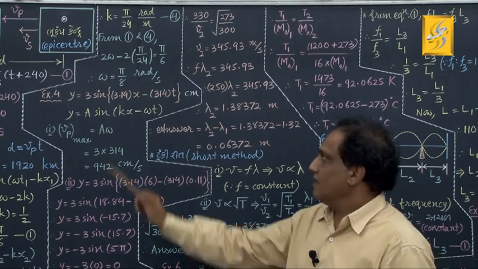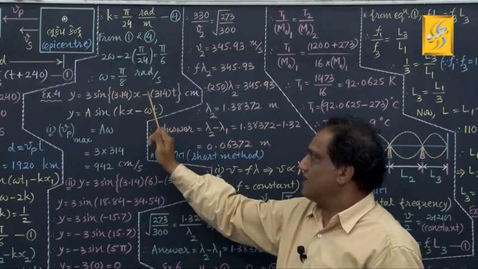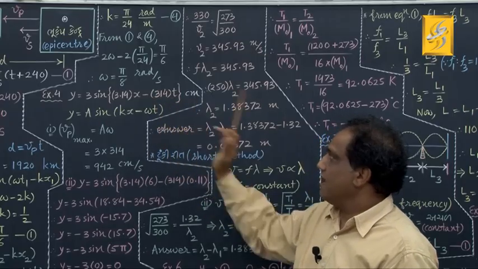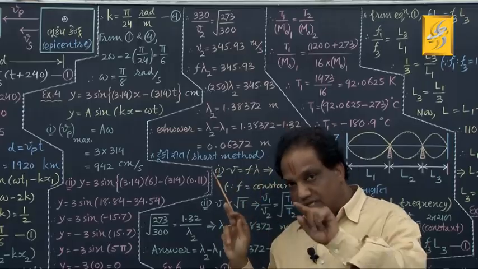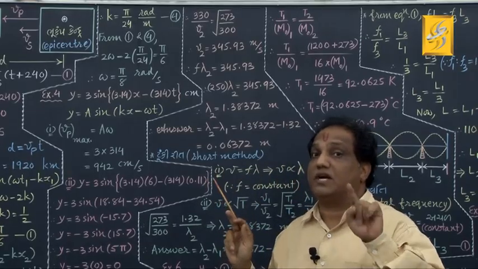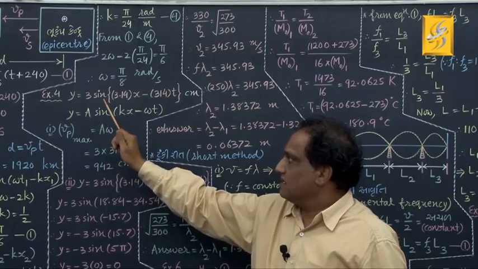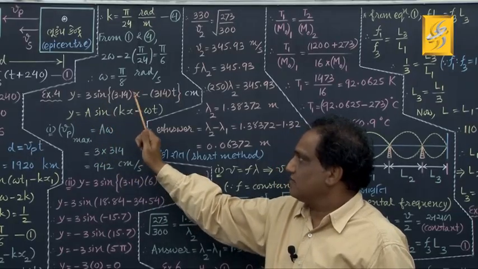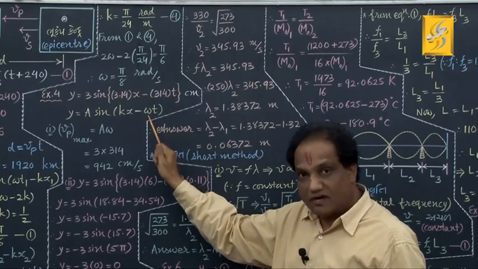Y equals 3 sine of (3.14x minus 314t), that many centimeter. The way they are giving the wave equation, similarly we should arrange the terms in the standard format. Y as it is, instead of 3 I am putting A, sine as it is. The coefficient of x must be compared with k, the coefficient of t must be compared with omega, correct?